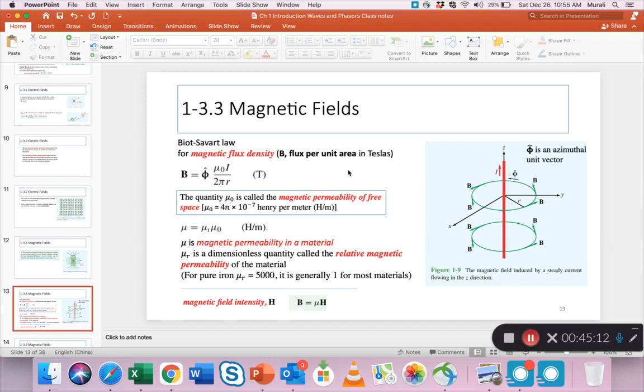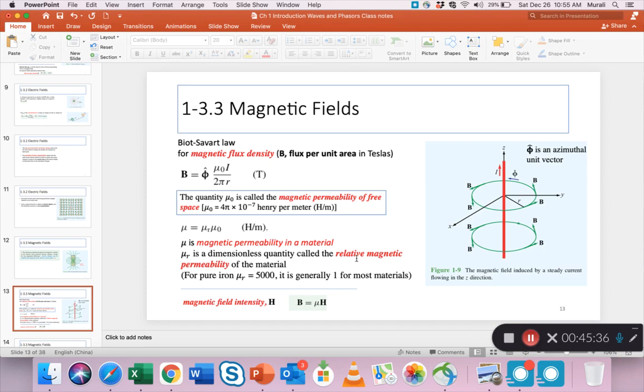But in this chapter, all that he has told us is if there is a single wire, then the magnetic field is like this. And the magnetic flux density formula is given. And we are introduced to these things like mu 0, the magnetic permeability of free space, then relative magnetic permeability of materials.